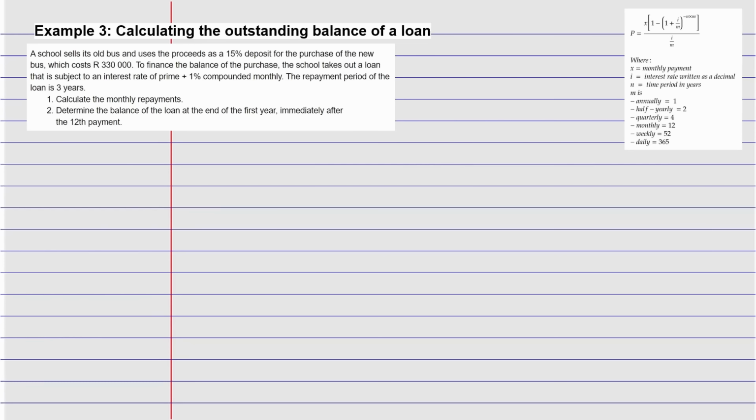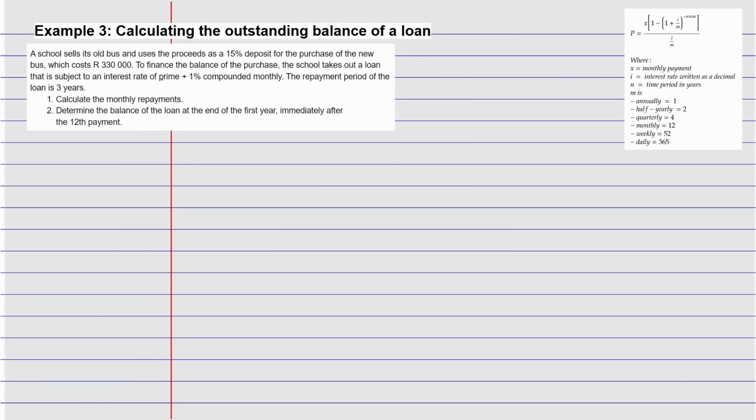So now let's do example 3, which deals with outstanding balance, right? How to calculate it. It says a school sells its old bus and uses the proceeds as a 15% deposit for the purchase of a new bus, which costs 330,000. To finance the balance of the purchase, the school takes out a loan that is subject to interest of prime.